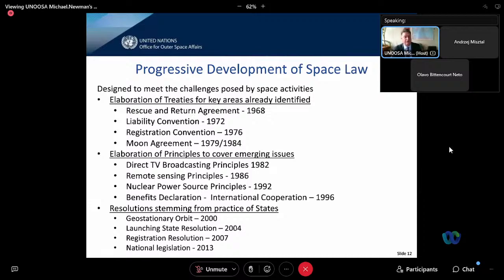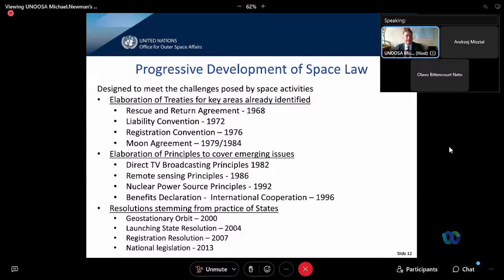Nuclear power source principles, information sharing on nuclear power sources, and a recognition of the usefulness of nuclear power sources. But of course, caution must be maintained on those nuclear power sources in Earth orbit, recognizing their benefit for deep space exploration. And of course, that was coming from the deorbiting of a satellite with a nuclear power source, the Soviet Cosmos that fell on Canada. And so those principles came out even 10 years later.